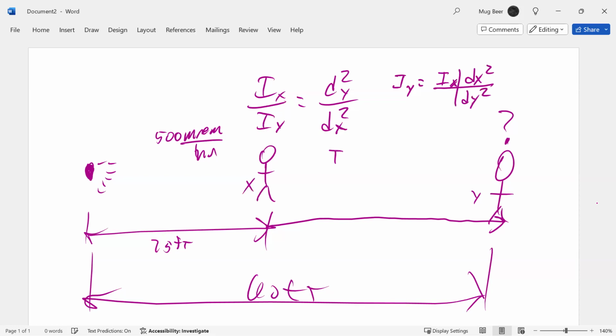Okay, so intensity at X is going to be 500 millirem per hour.